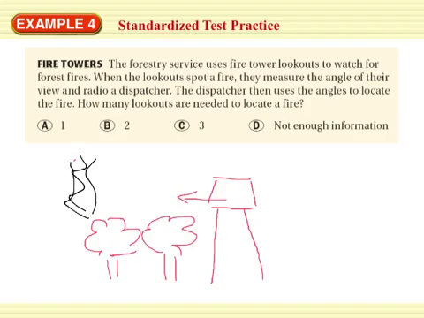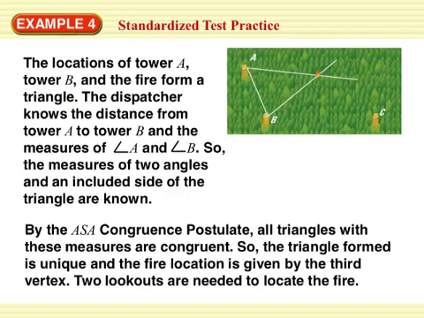Turn in the page. My answer is B. The location of Tower A and Tower B and the fire form a triangle. The dispatcher knows the distance from Tower A to Tower B, and the measure of angle A and angle B, so we know those three things.